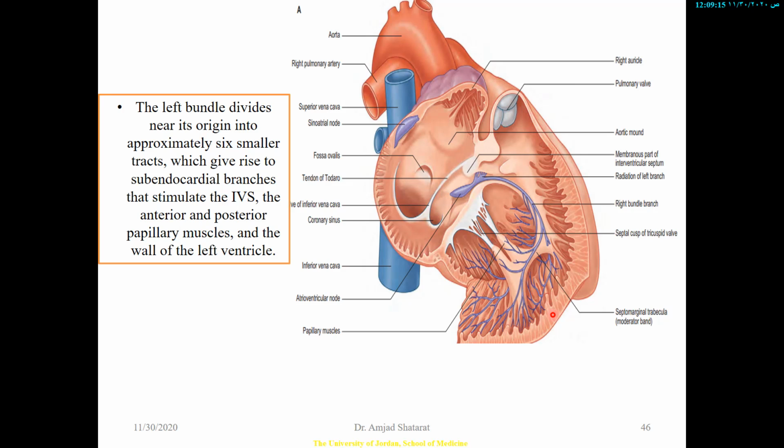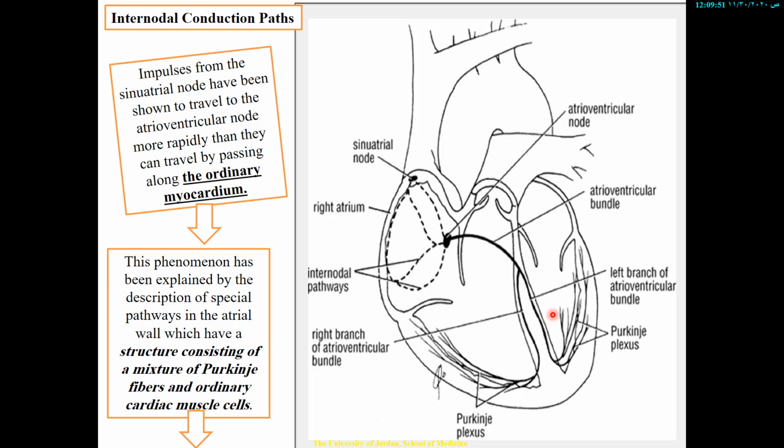Then the bundle of His, which traverses the membranous part of the interventricular septum, and there it could be dangerous if we repair a defect in newly born babies; when we operate on these patients, we need to take care of this bundle, and of course the subendocardial and Purkinje fibers. Of course, I would leave them to you to read.